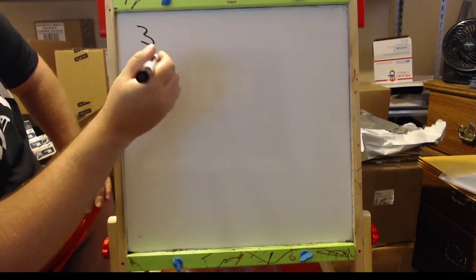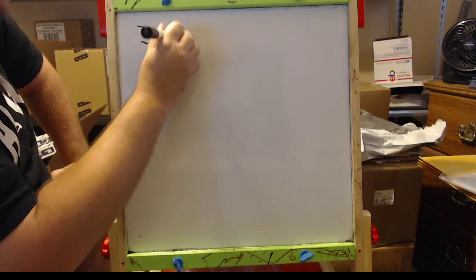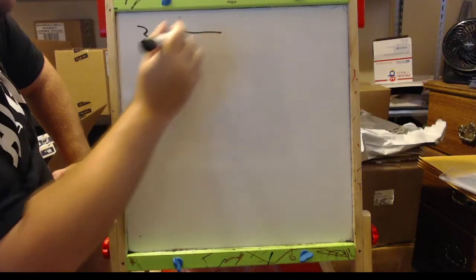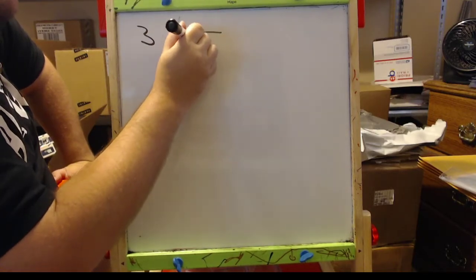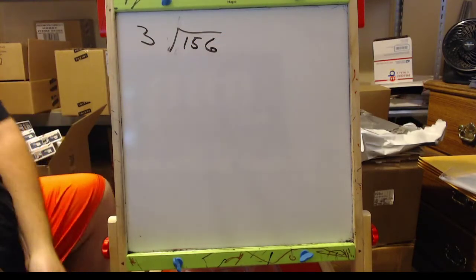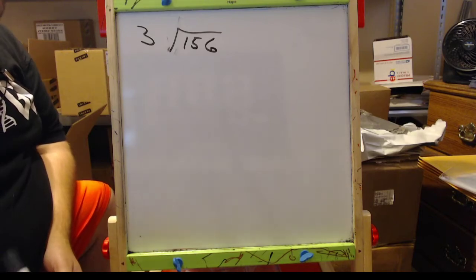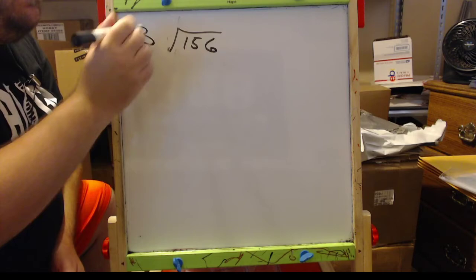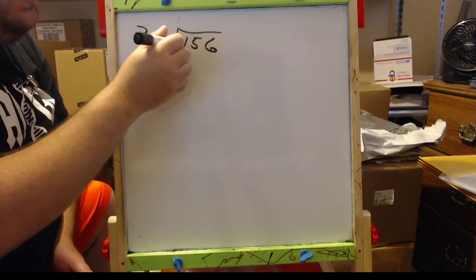All right, so let's look at 3 divided by, I always make a square root sign instead of divided by, or into 156. So 156 divided by 3. Okay, so when this happens, you got to figure out how many 3's go into 1. None, so we skip. We go to the next number.